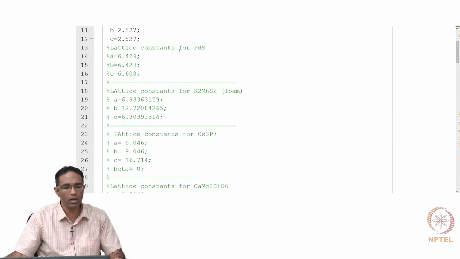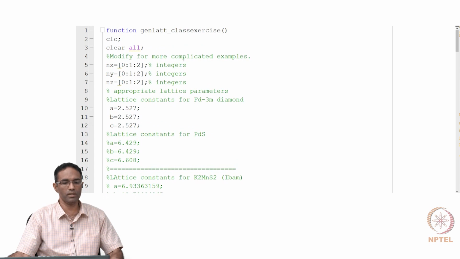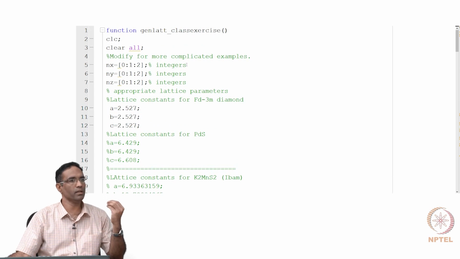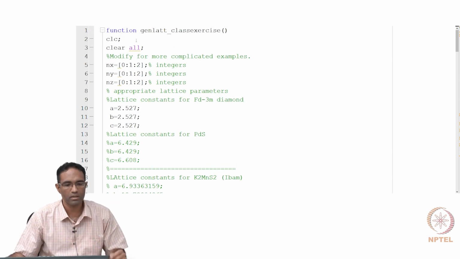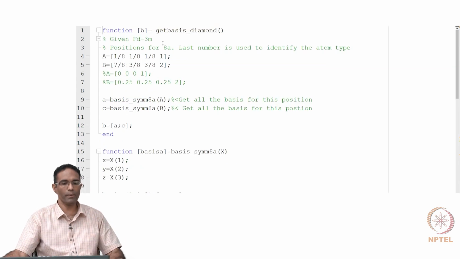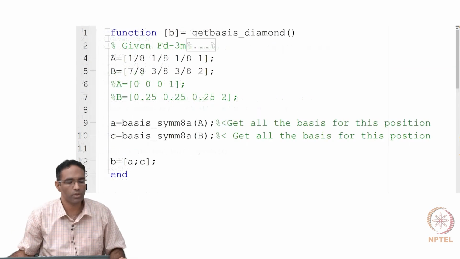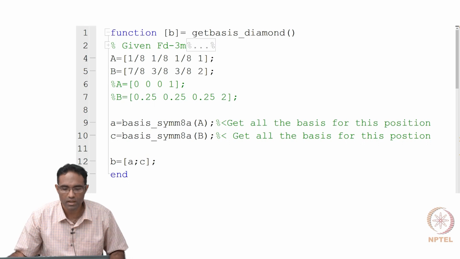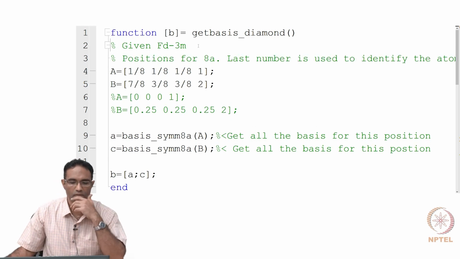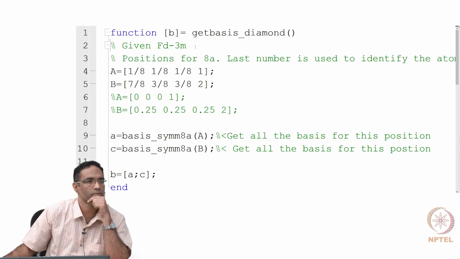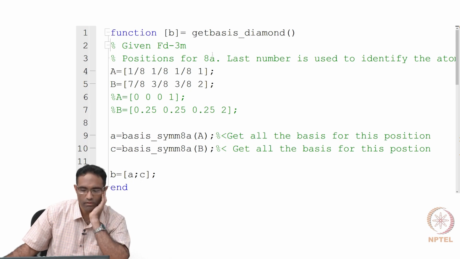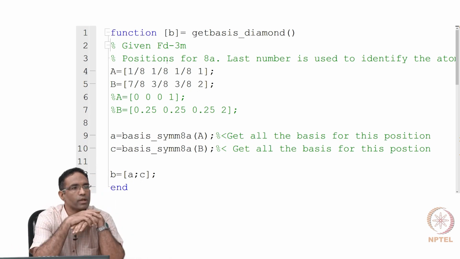Okay. So all the changes now are going to be in the get basis diamond file. So we can open the get basis diamond file. Okay. So this is the get basis diamond function, and what do we need to give here? We need to give the basis, the various basis atoms.